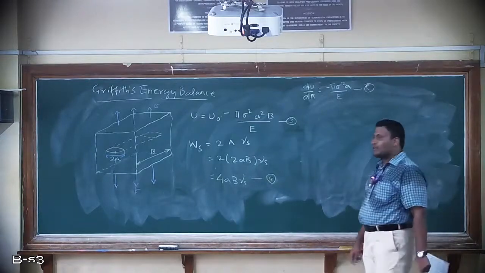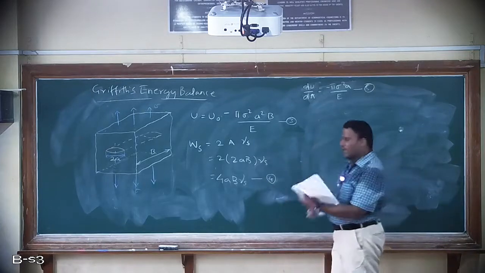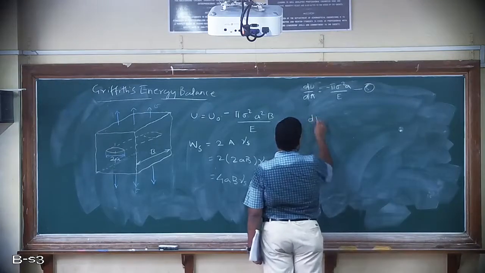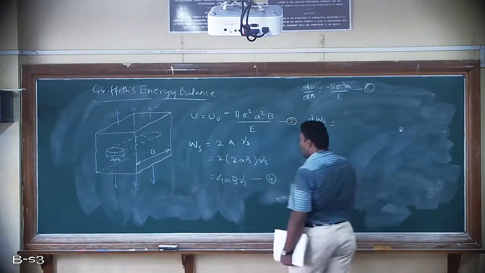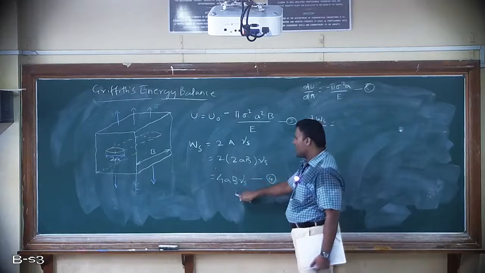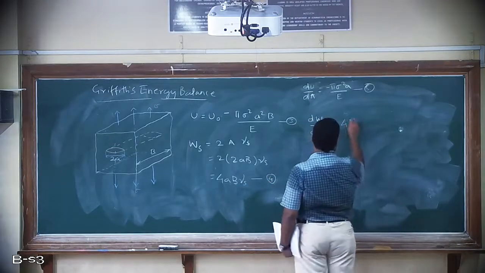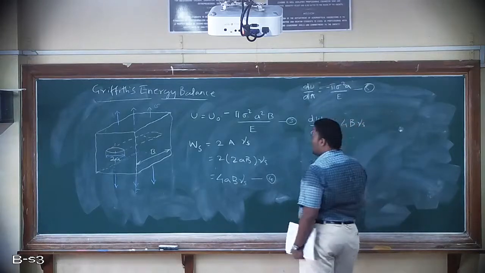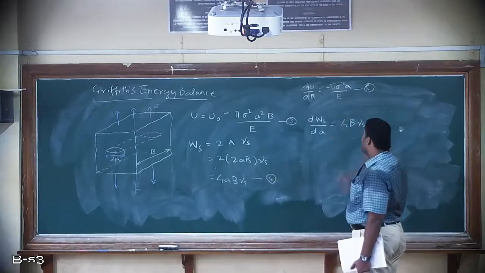Now I shall differentiate equation number 4 with respect to small a. So what I get is dWs upon dA will be equal to 4b nu s, where nu s remains constant, and the derivative of a will be 1.